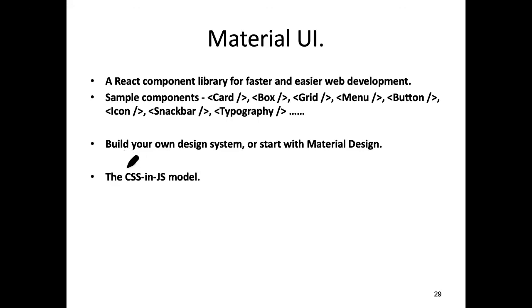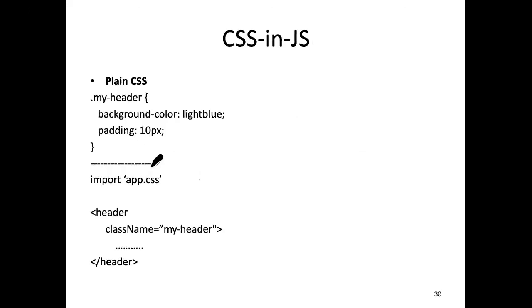So the Material UI library follows this CSS-in-JS model, which other third-party JavaScript libraries use as well. That's the only aspect of Material UI that I want to explain to you, and I'm explaining it by means of a very simple example. So if I wasn't using Material UI and I wanted to define my own CSS class, and apply that CSS class to a particular part of JSX, this is how I would do it.